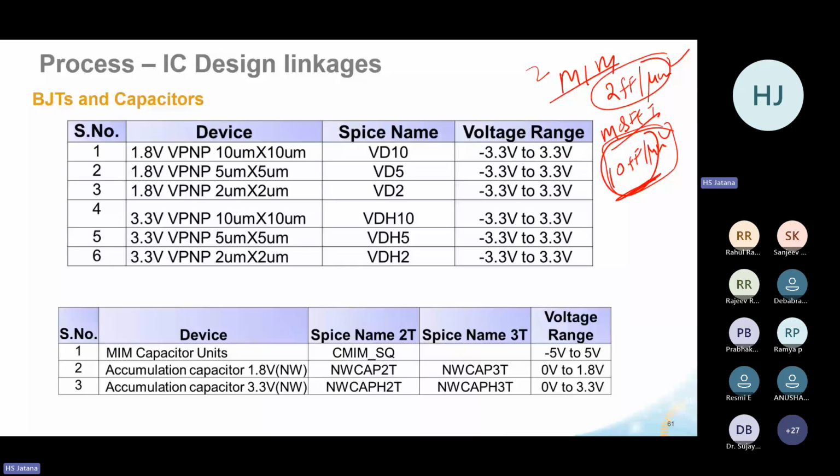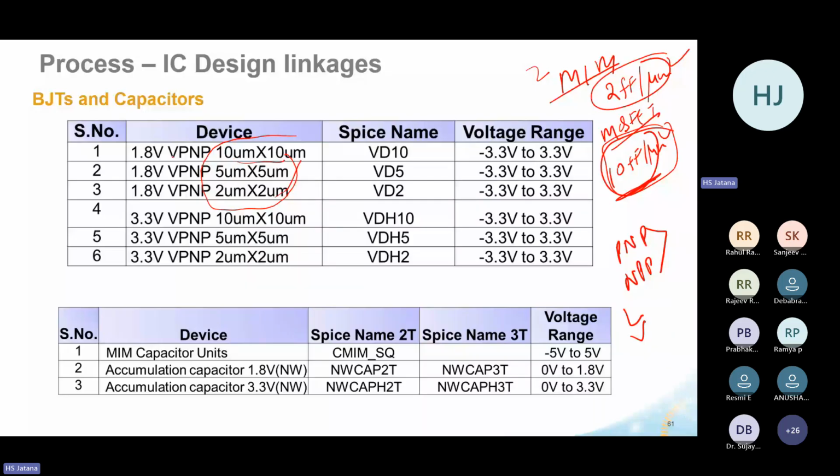Many of these foundries will give you BJT devices also, PNP and NPN. They come in two varieties, lateral and vertical. They are of fixed sizes, as you can see here in Tower Jazz. They are giving these vertical PNP in sizes of 10 micron, 5 micron, and 2 micron, and 1.8 volt and 3.3 volt vertical PNP.